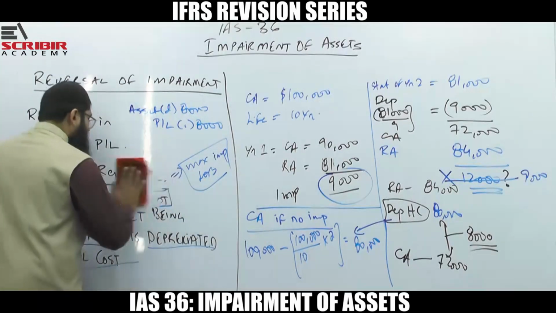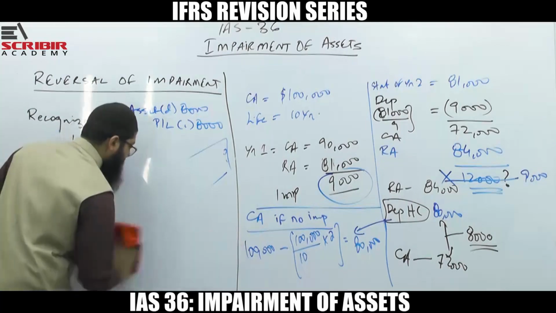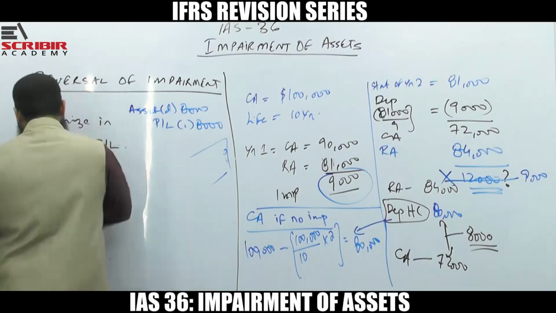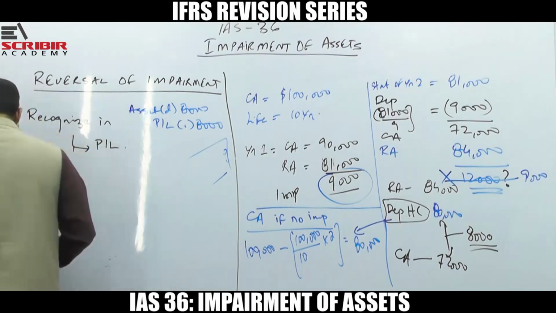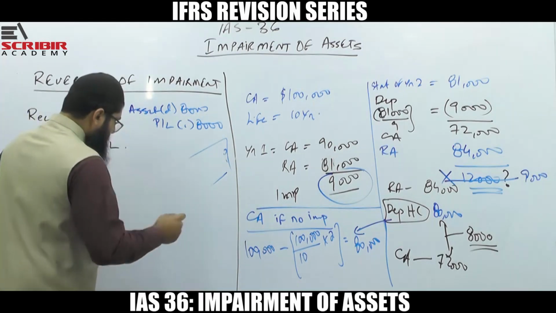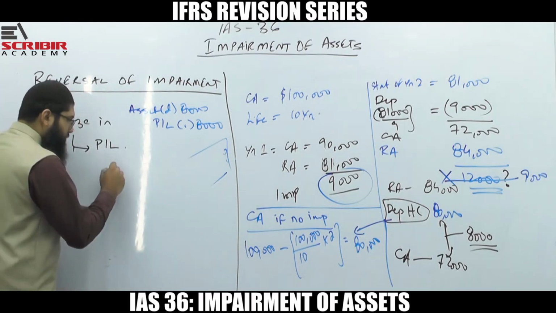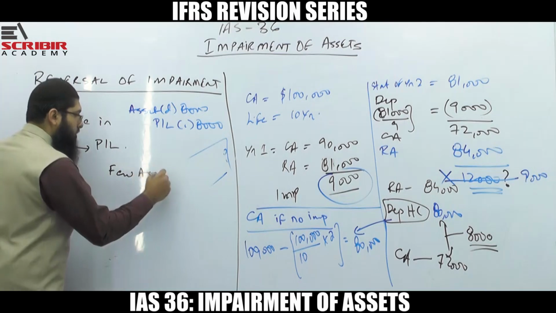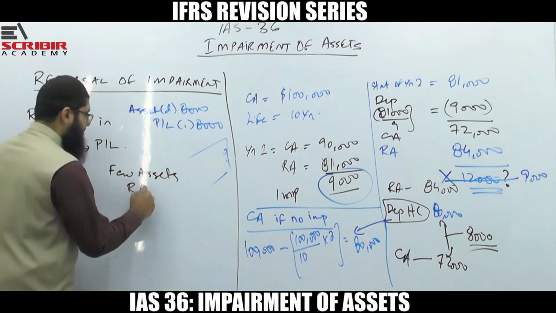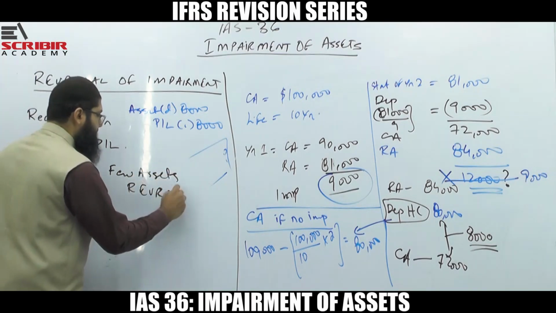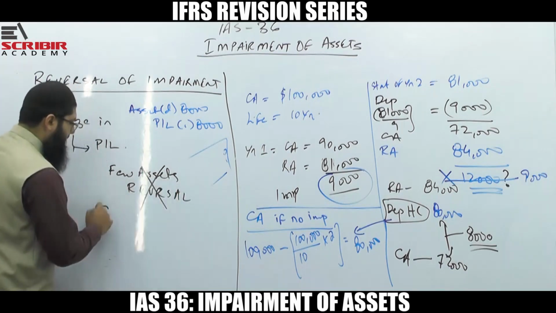Now, there is one final thing that we need to understand with respect to this reversal, and that is basically that there are few assets on which the reversal is not allowed to be recognized. And what exactly are they?